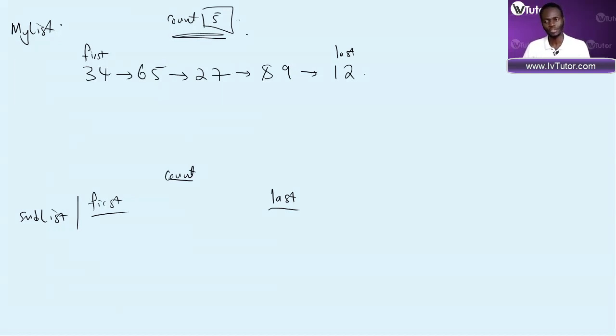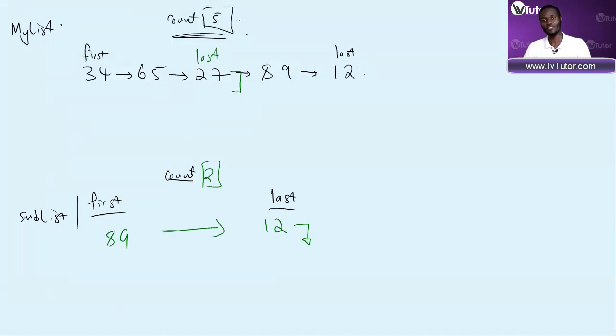So we want to make sure that once we have divided, these 3 here remain inside my list, and these 2 here end up in sublist. In other words, sublist should then look like 89 as the first node, 12 as the last node. If there were more nodes, then we could keep on going, basically. And the count should then be 2. And in my list, this should then be our last node, and the count should then be 3. This is the status that we are trying to achieve.